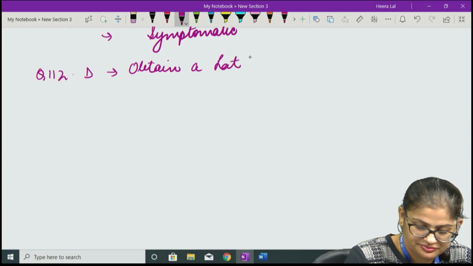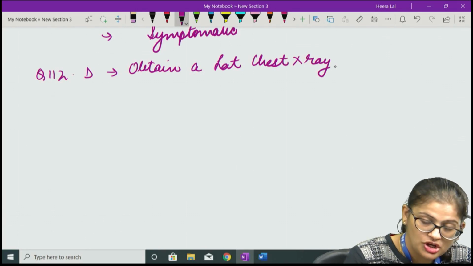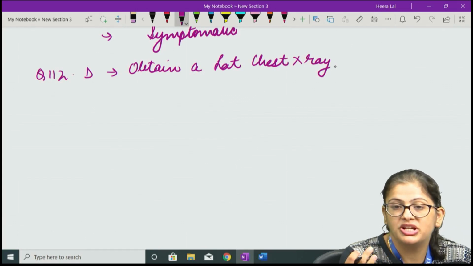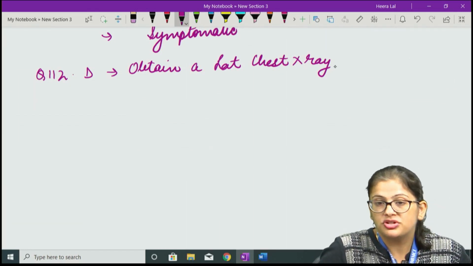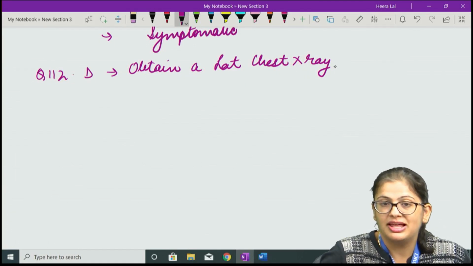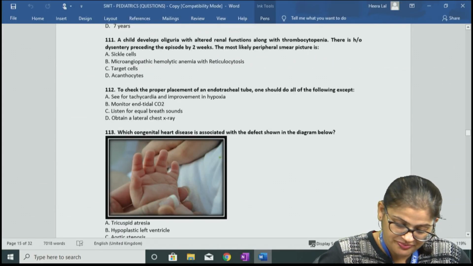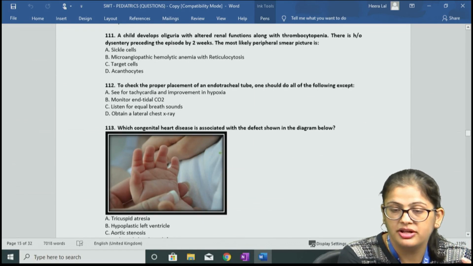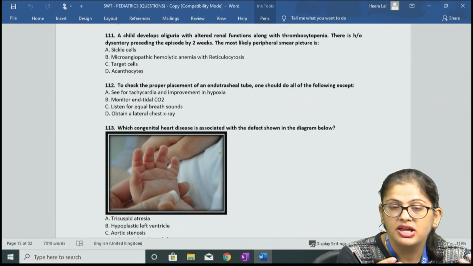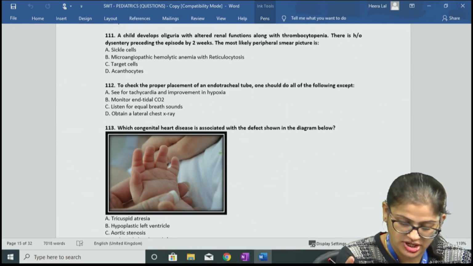So to check whether the tube is in place once a child has been intubated, it is important to check the tube placement. That can be done by seeing clinical improvement in the child. If his SpO2 starts improving and his heart rate starts improving, that means ventilation is going on well and the tube is in the chest.